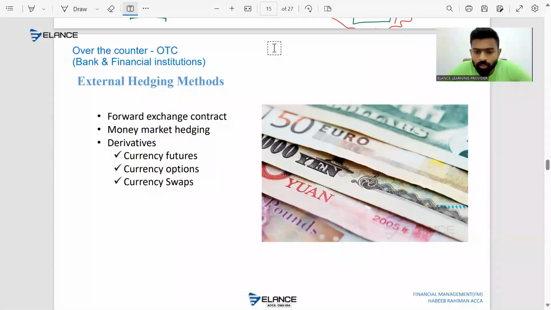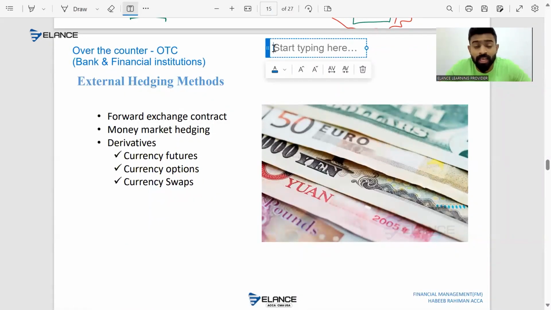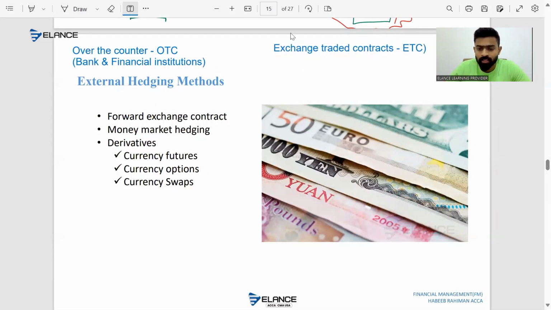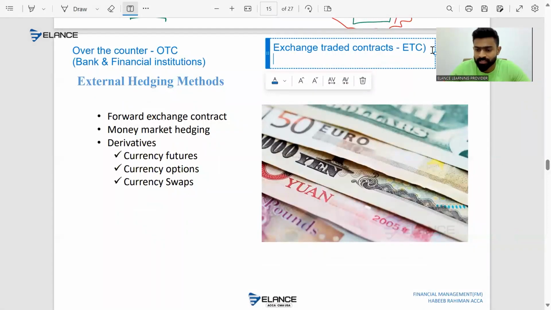The second contract you could enter is from a stock exchange: exchange traded derivatives. In short, we will say ETC, exchange traded contracts. So there are two contracts. Exchange traded means these are from the stock exchange.